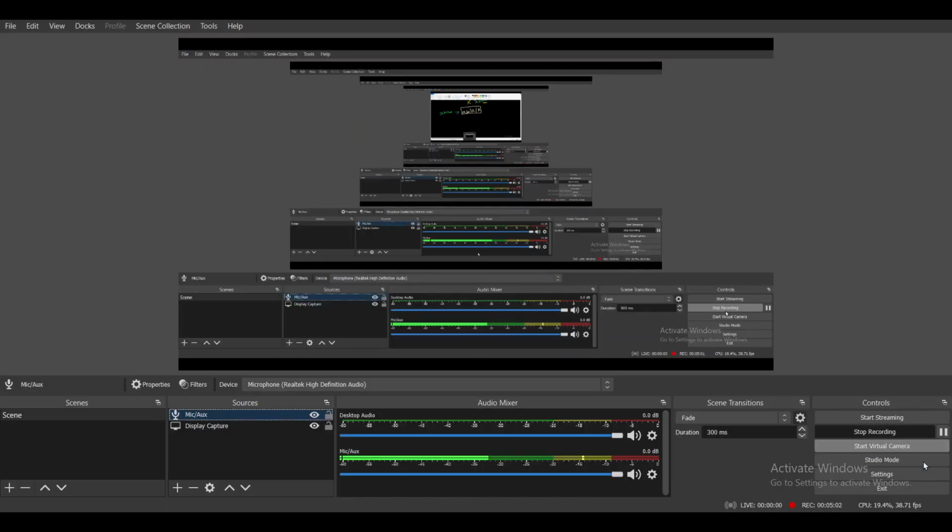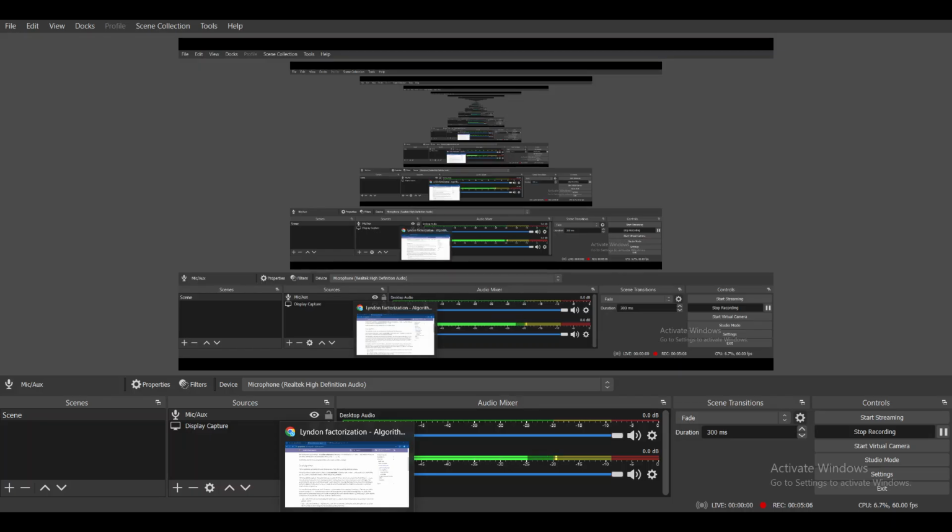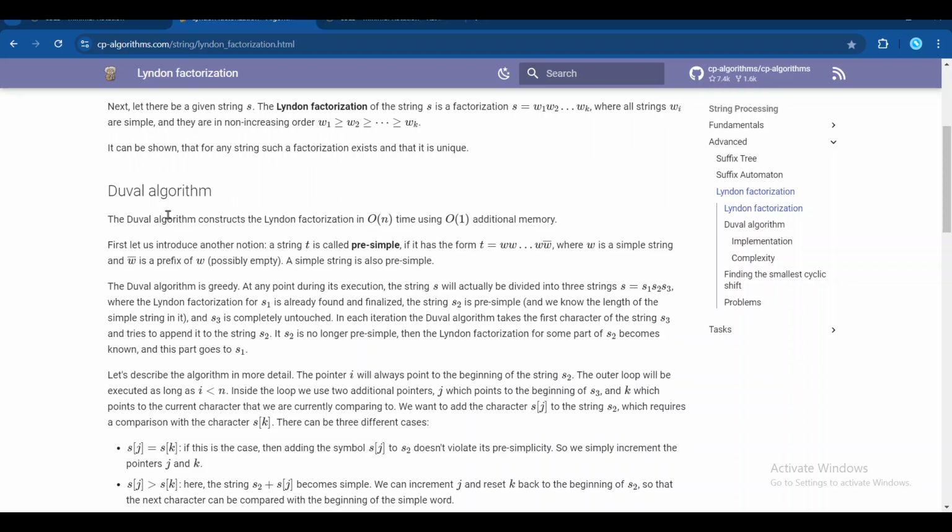Okay, I will take a short break. Let's explain the next part. This part is a bit difficult. It is Duval's algorithm, which gives the definition of pre-simple, another term. A pre-simple string is like a simple string, but its last part is a prefix of the given string.